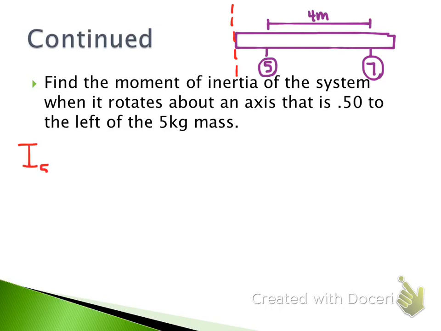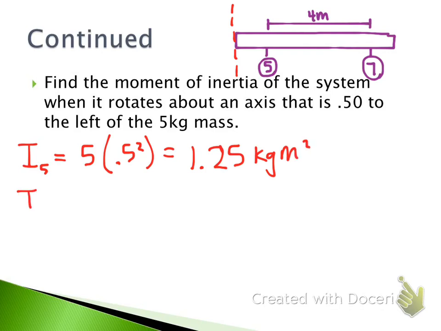So moment of inertia of our 5 kilogram object is mass times r squared. So how far is our 5 kilogram object from our axis this time? 0.5. That's right. So 0.5 squared. That gives us 1.25. The moment of inertia of our 7 kilogram object is mass times r squared. So what's the radius now of our 7 kilogram object? 4.5, good.